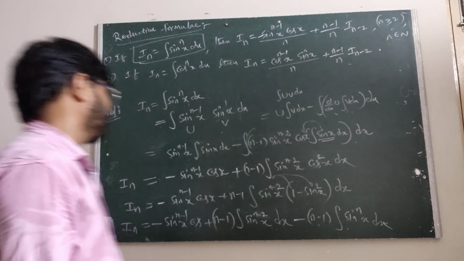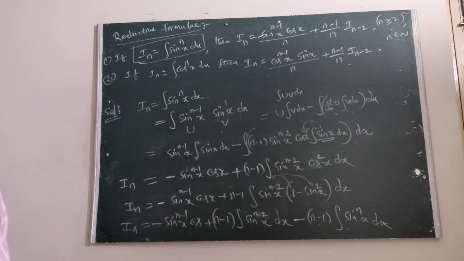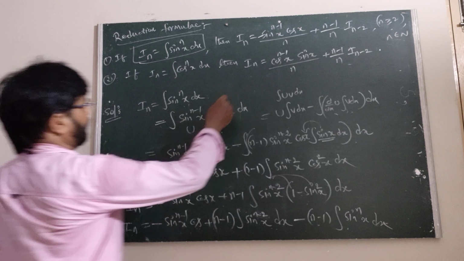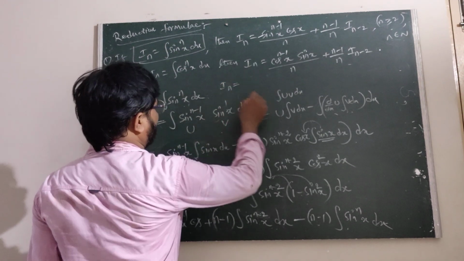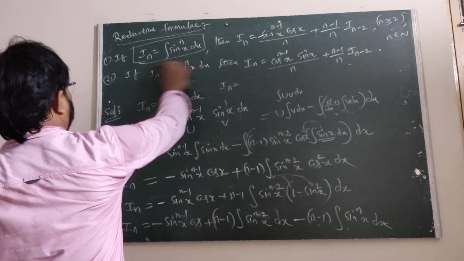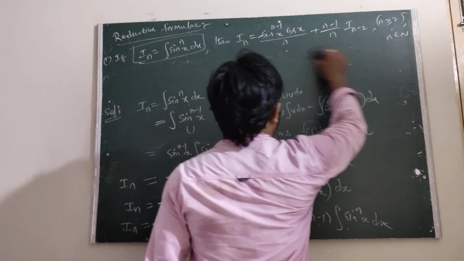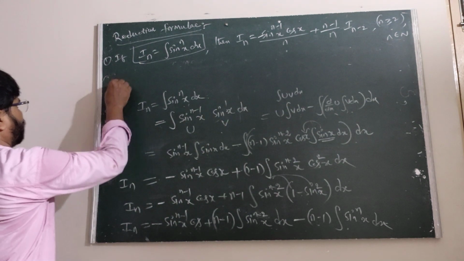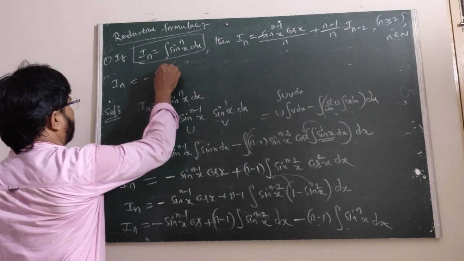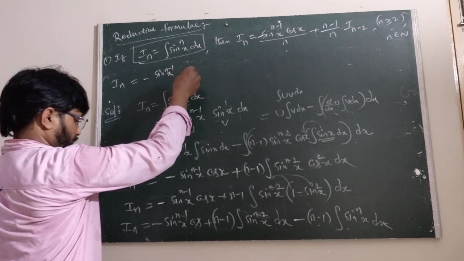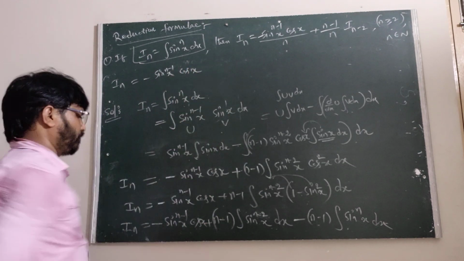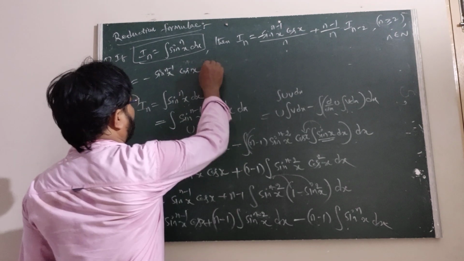Now how to write this one? We can write I_n equals minus sin^(n-1) x into cos x, plus n-1.